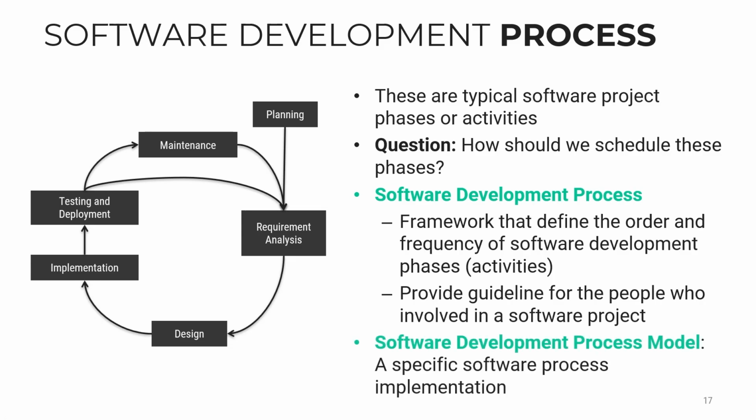And we call a particular software development process, or the specific process implementation, a software development process model. We're going to have a look at a number of these models within the course.